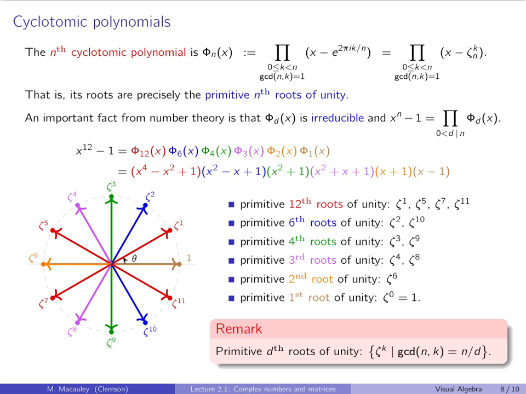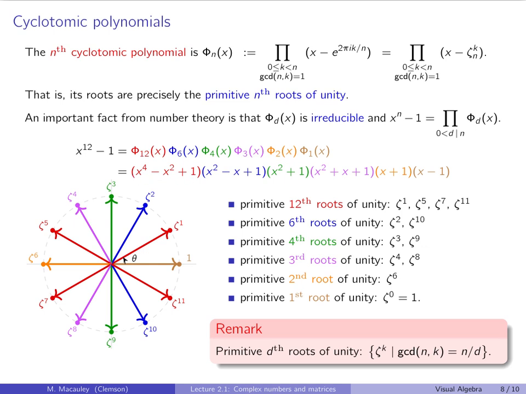And you can actually look up these polynomials. Just Google cyclotomic polynomial. There's a big list of them. And this polynomial is x to the 4 minus x squared plus 1. And this is a polynomial where the roots are precisely the primitive 12th roots of unity.